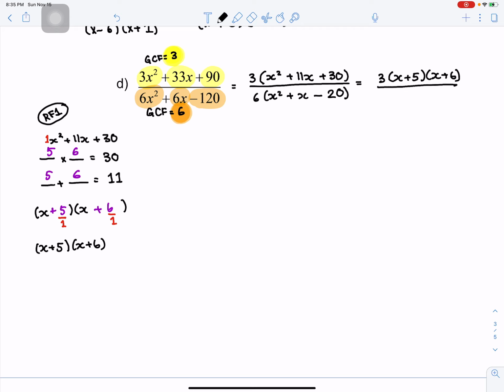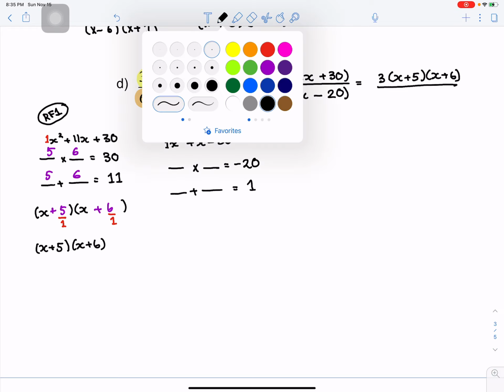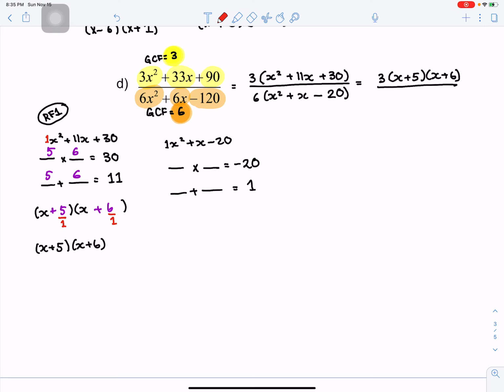Now I also need, for my other quadratic, two numbers to multiply to negative 20 times the 1, and the same two numbers to add to positive 1, which is my B term. You identify your two numbers. Let's use purple again. Positive 5, negative 4.